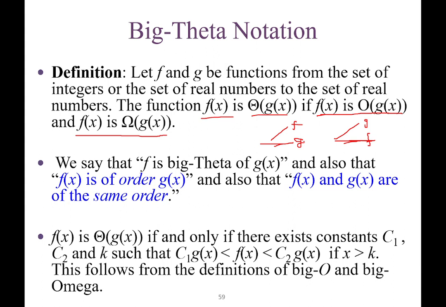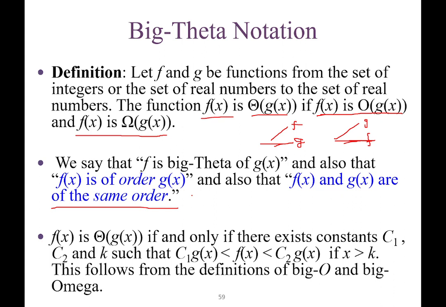In this case, if f dominates g and g also dominates f, it means they are of the same order. We can consider the case we have seen before: x squared and the other polynomial function x squared plus 2x plus 1.